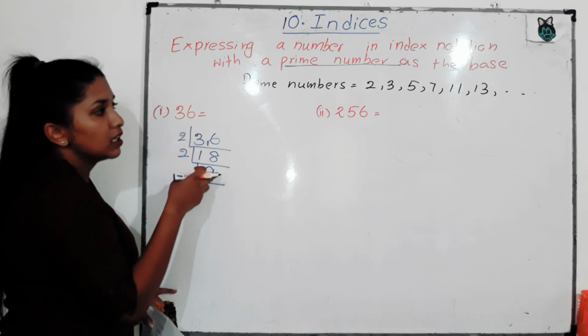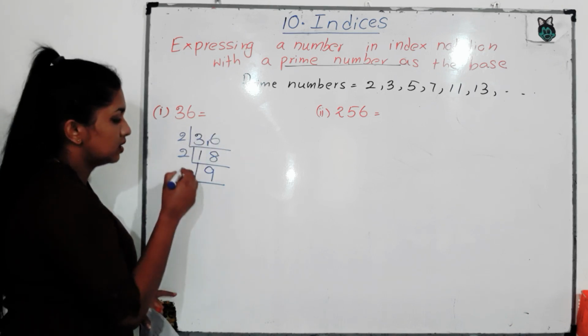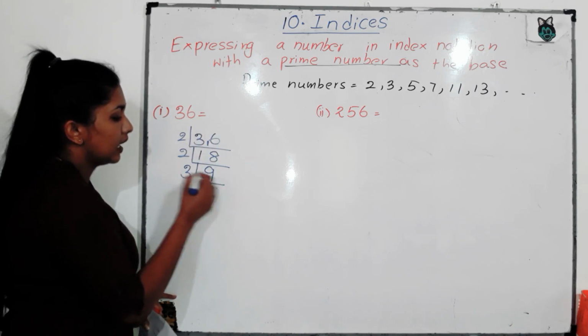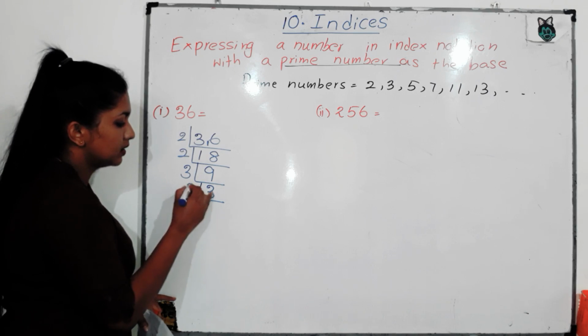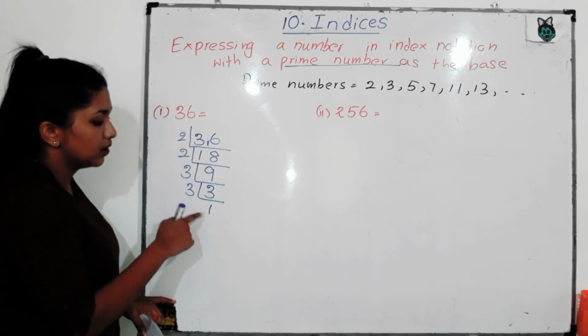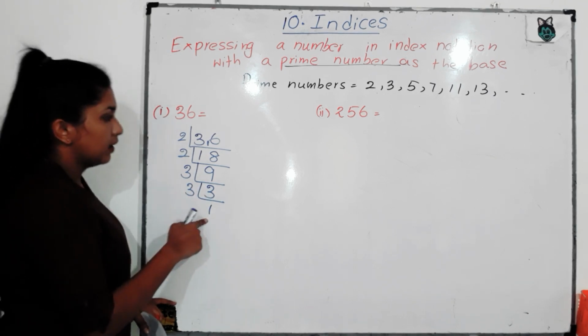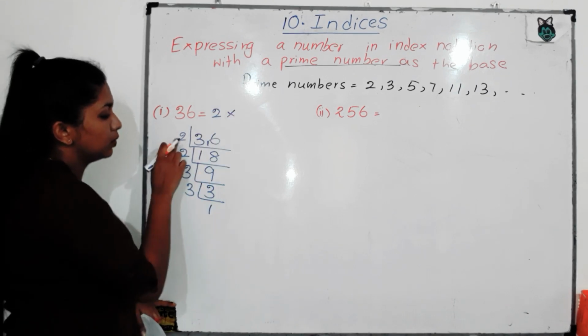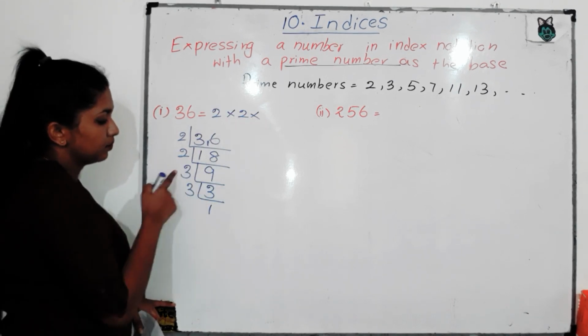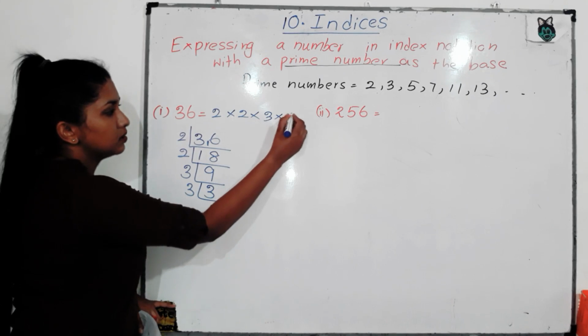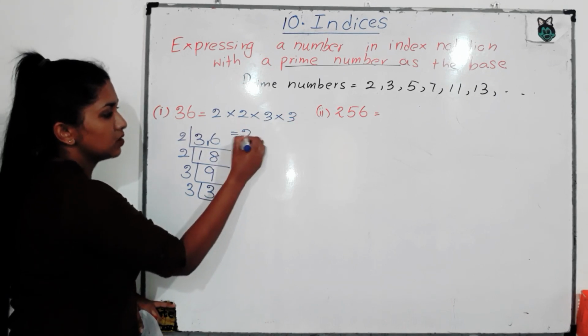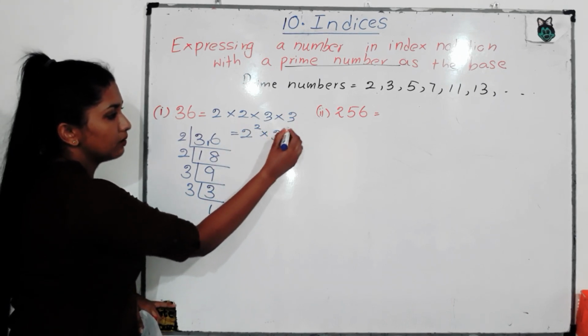Then we can divide 9 by 3. Then 9 divided by 3 is 3. 3 divided by 3 is 1. Now we can stop because we obtain 1. Then we can write this one as 2 into 2 into 3 into 3, and the index notation is 2 to the power 2 into 3 to the power 2.